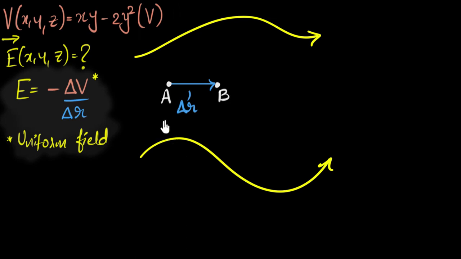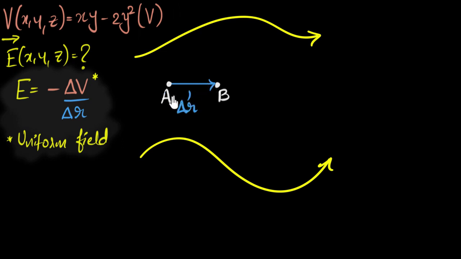Well, we can do something that we've done a lot of times before in physics. We can use calculus. Imagine, instead of taking a big step forward, we take an incredibly tiny step forward. Imagine points A and B are incredibly close to each other, so close that practically the electric field value is going to be the same.